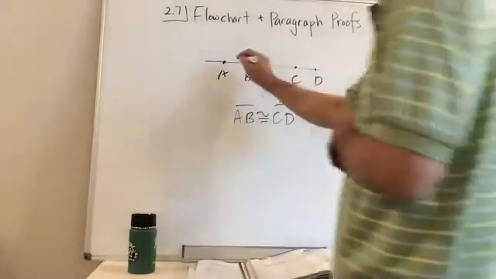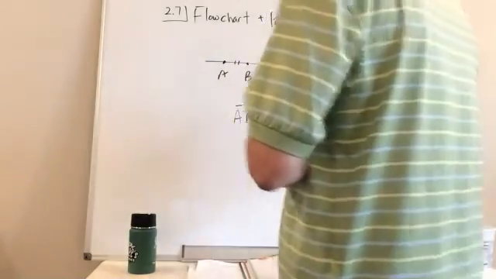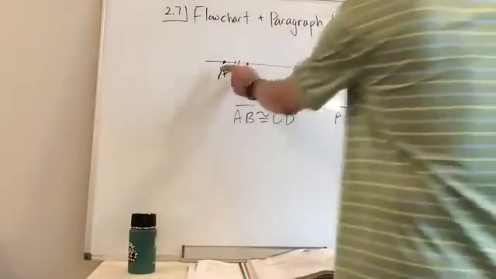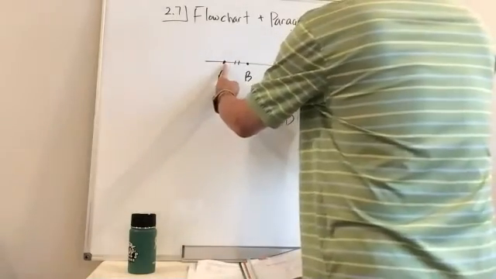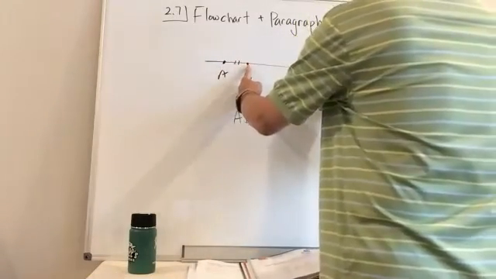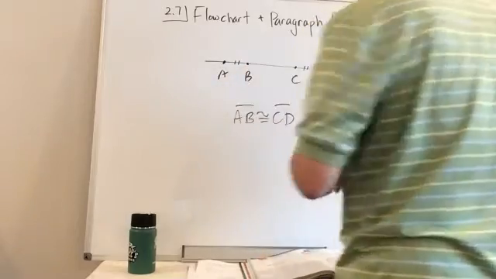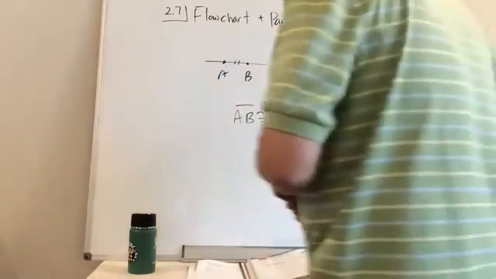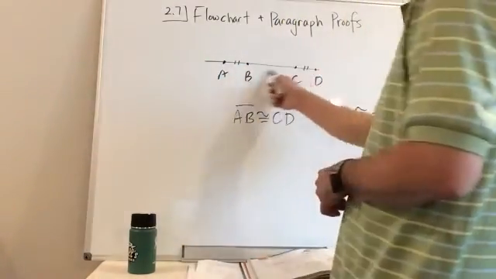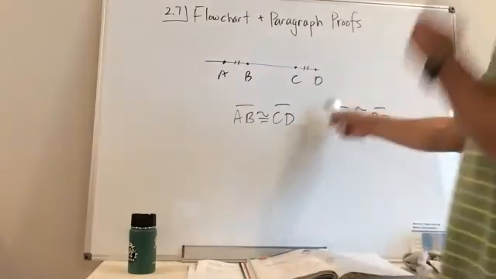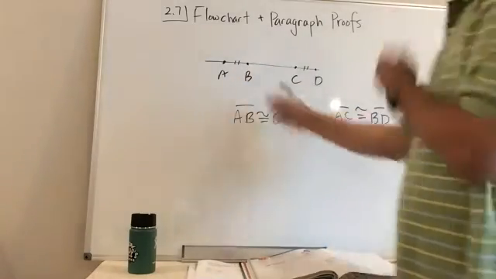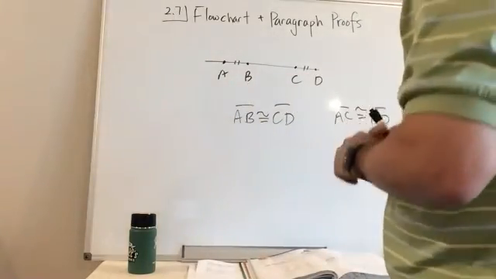In other words, if AB and CD are the same, then AC and BD are the same. The reason it's called the common segment theorem is that you have a common segment BC that is shared in the end result.